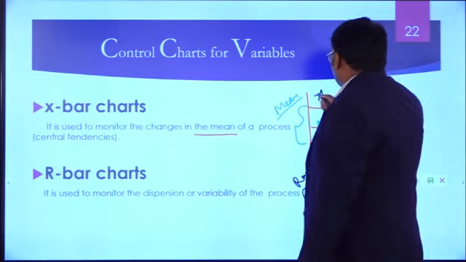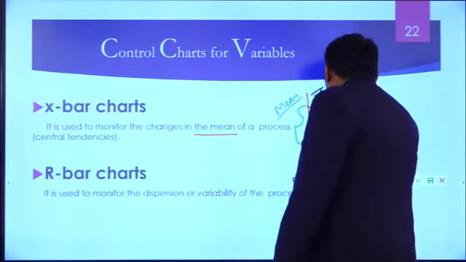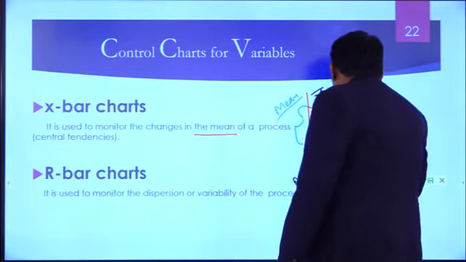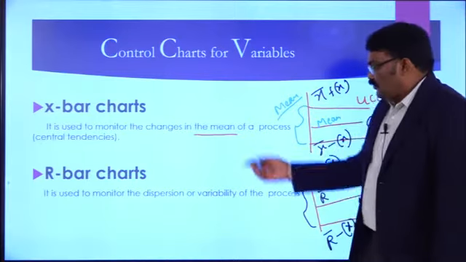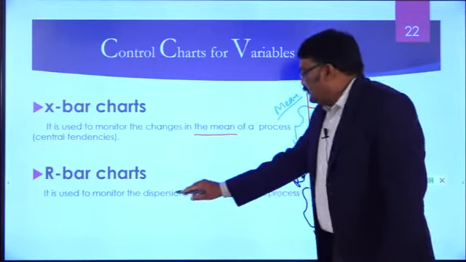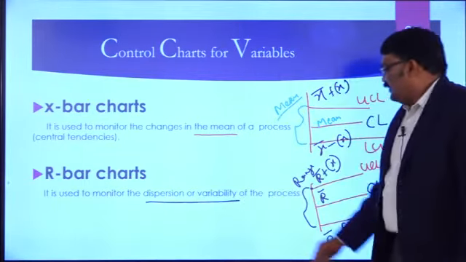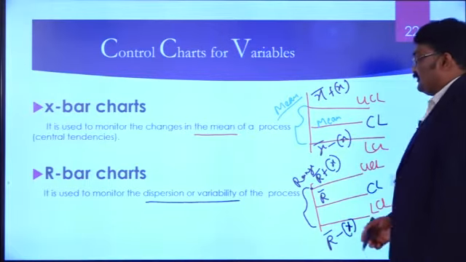And the upper one is the same. x bar is the mean plus the x value. Similarly, x bar minus the x value is the lower control limit. These are the applications. So, you can see the R bar is used to monitor the dispersion or variability of the process. Dispersion, how much it is changing over.